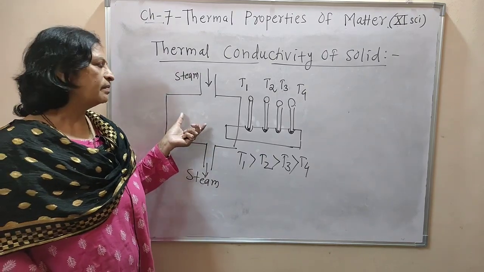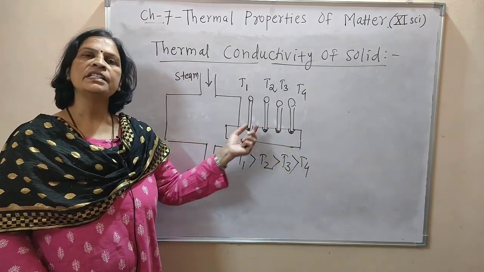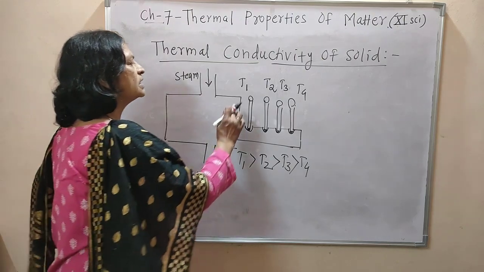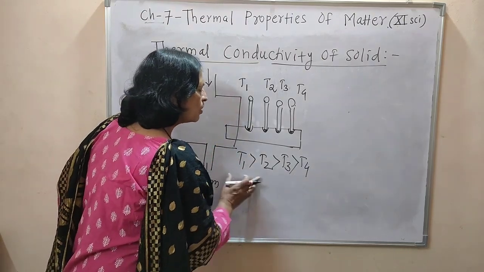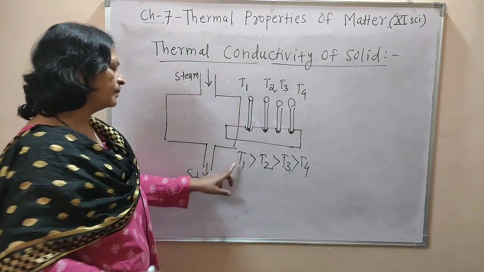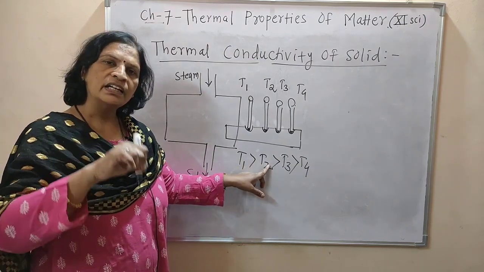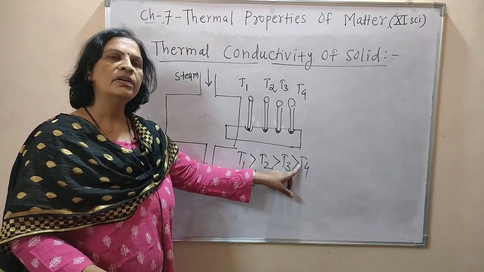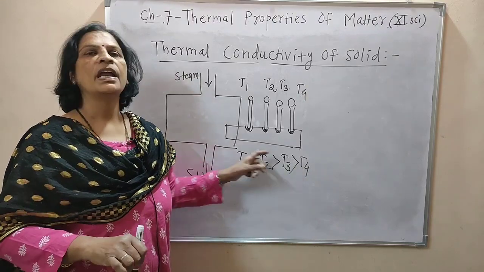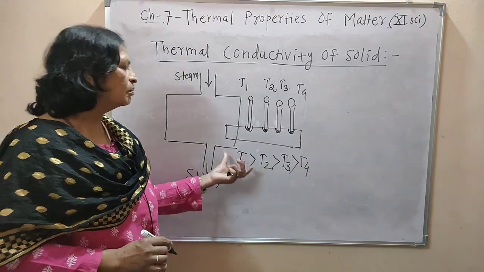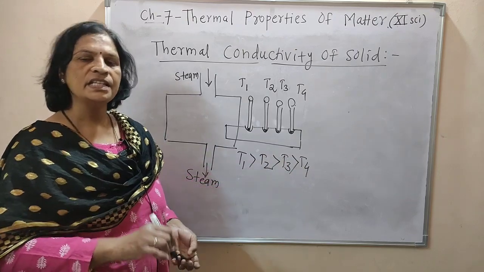After some time this material is in steady state, when these 4 thermometers show constant temperature, but T1 is greater than T2, T2 is greater than T3 and T3 is greater than T4. At that time we can say that the material is in steady state.